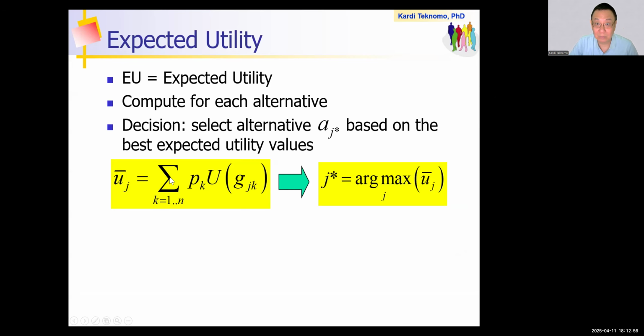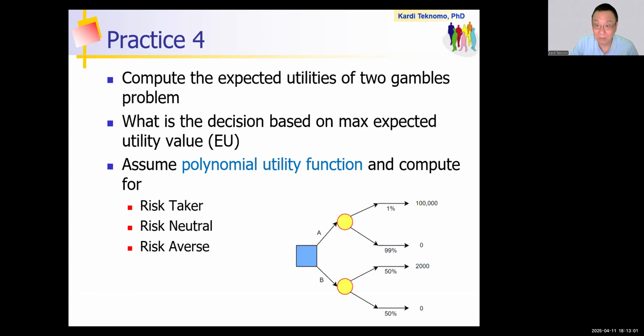So let's say you have the same problem as earlier. So we have two Campbell's problem like this. So how are we going to compute the decision based on maximum expected utility value, so EU, expected utility? Again, we assume polynomial function for risk taker, risk neutral, and risk averse.